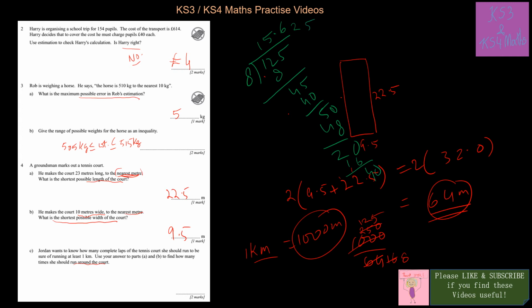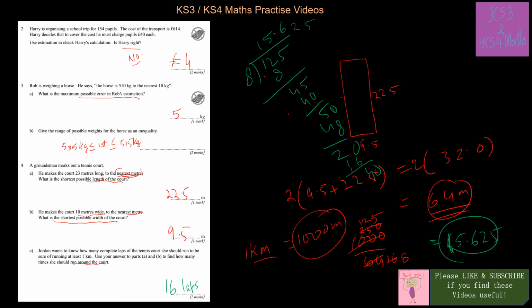So my answer is 15.625. So that rounded up is going to give me 16. So how many complete laps of the tennis court she should run is 16 laps.